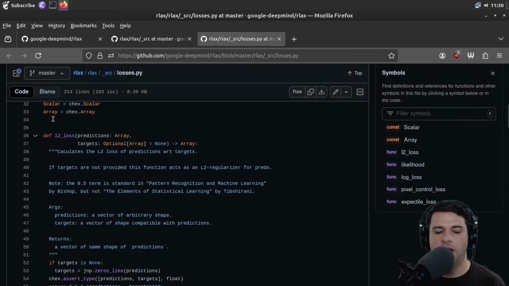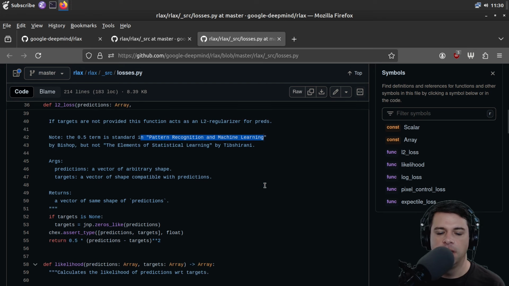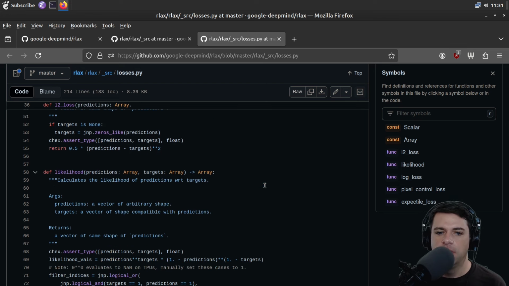We do have losses, so L2 loss. It should be just the L2 norm. If targets are not provided, this function acts as an L2 regularizer for preds. Yeah, look, they're citing Bishop, Pattern Recognition and Machine Learning. That's a classic book.